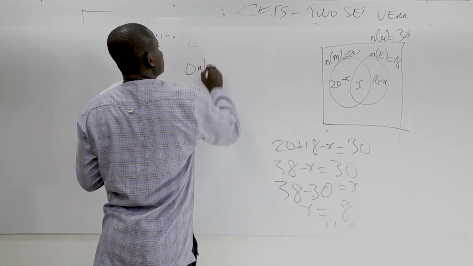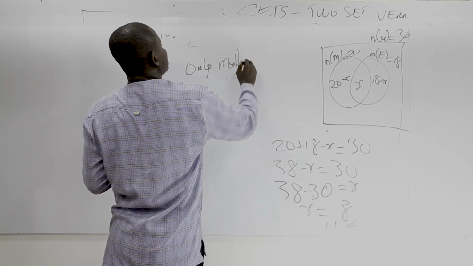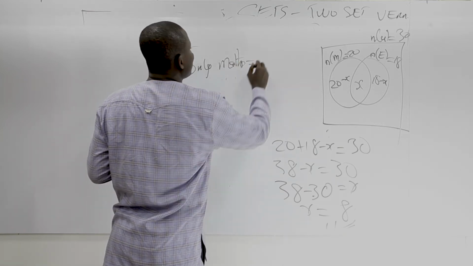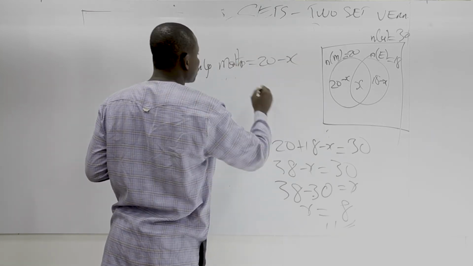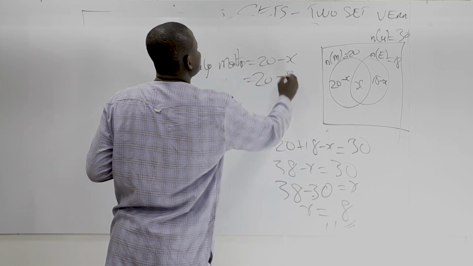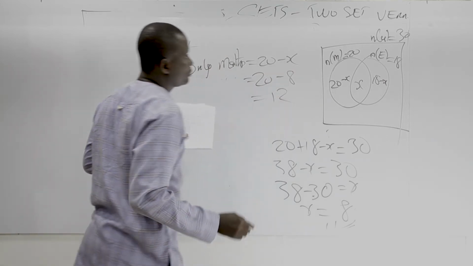Now that we've gotten X to be 8, only maths is 20 minus X, so 20 minus 8, that will be 12.